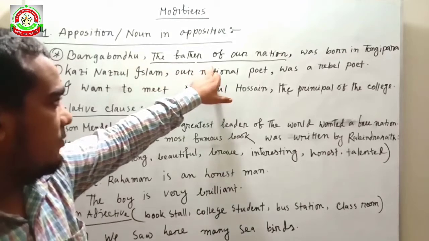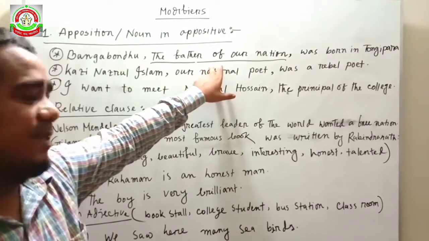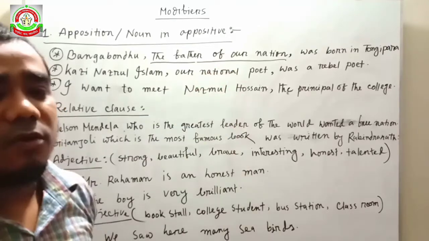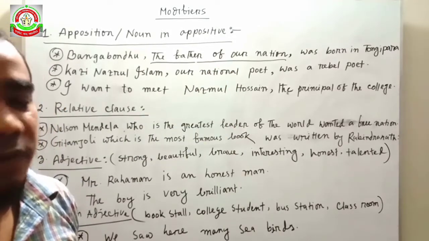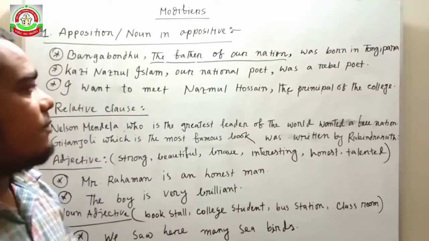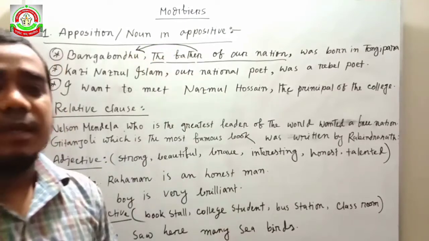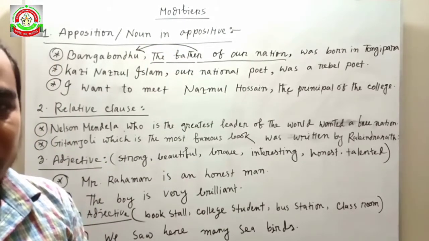In this phrase there is no subject, no verb, and it is a noun phrase. This kind of phrase always post-modifies the noun. Here the father of our nation is an extra phrase that post-modifies the previous noun Bongobandhu.